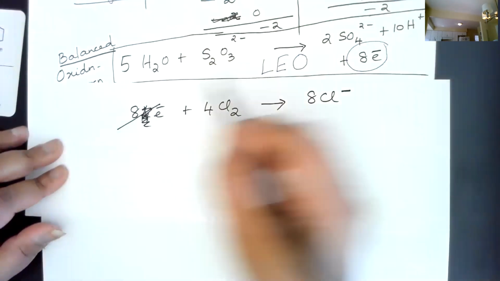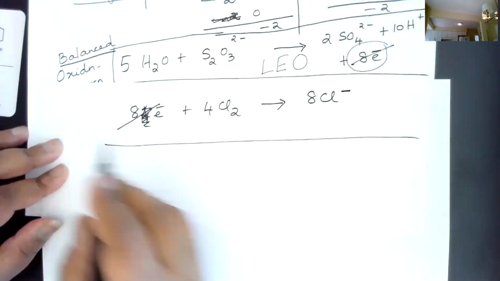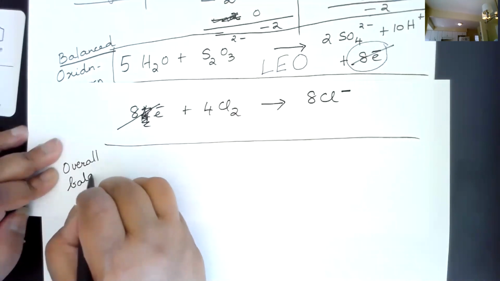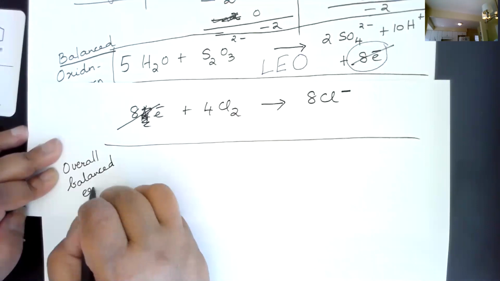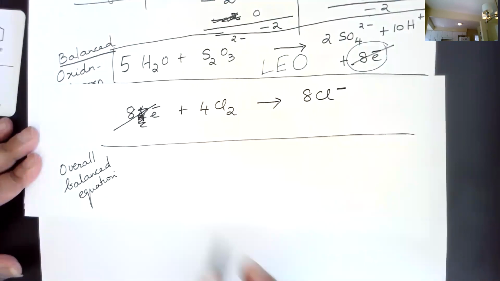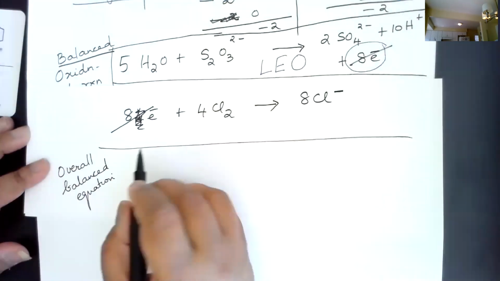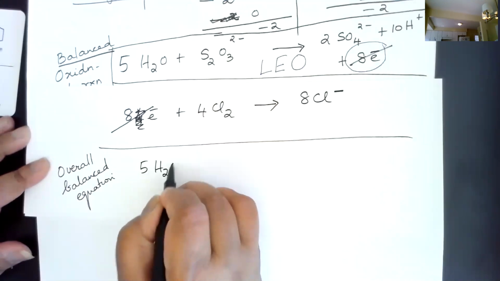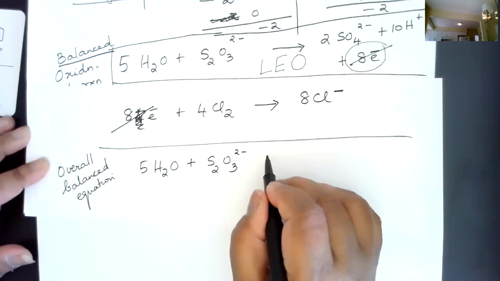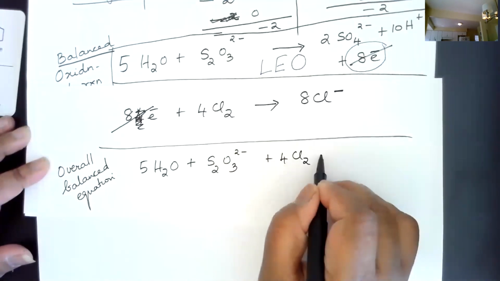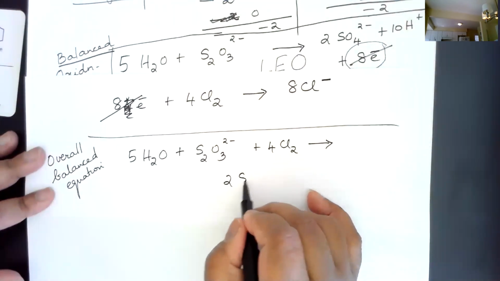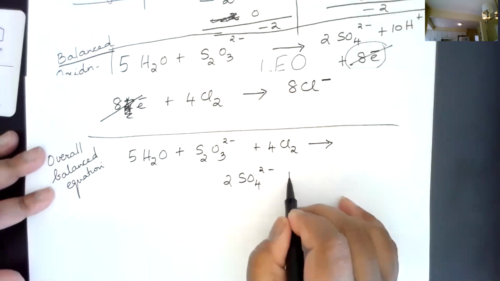So now, to get the overall balanced equation, I'm going to write everything down but the electrons, because I've canceled those.